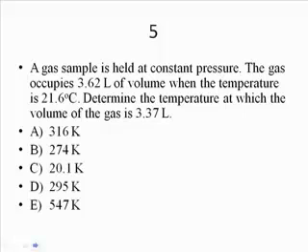Okay, here we have a gas sample at constant pressure that occupies 3.62 liters and has a temperature of 21.6 degrees Celsius. And we want to know at what temperature the volume of the gas will be 3.37 liters. All right, so let's break this one apart.